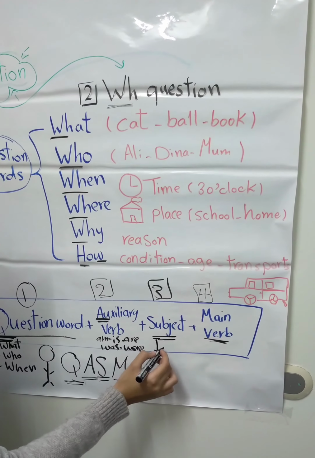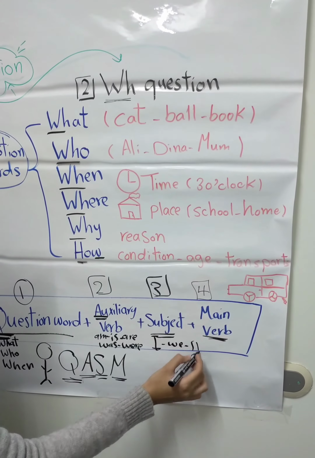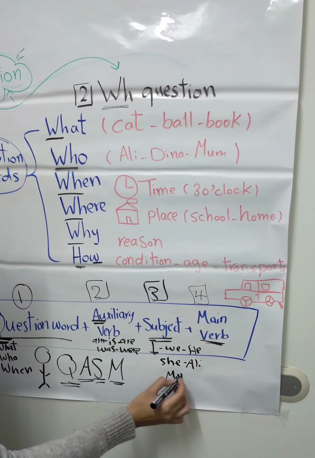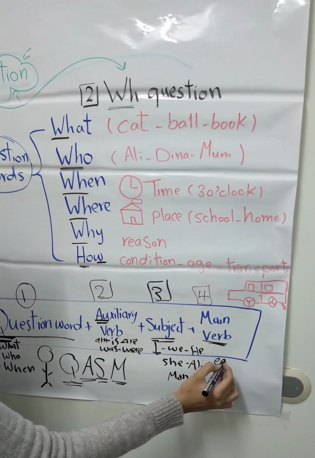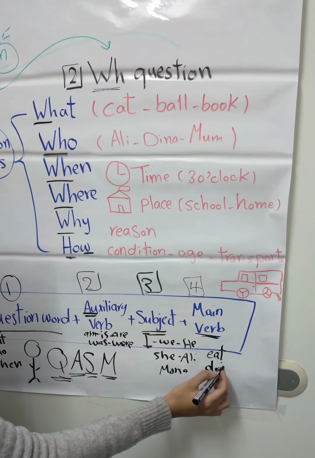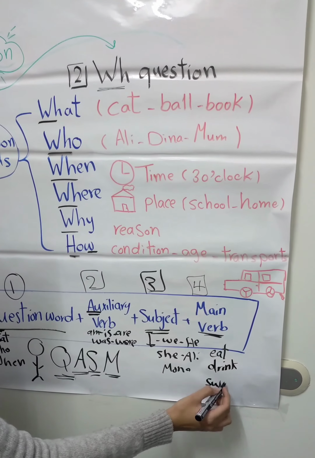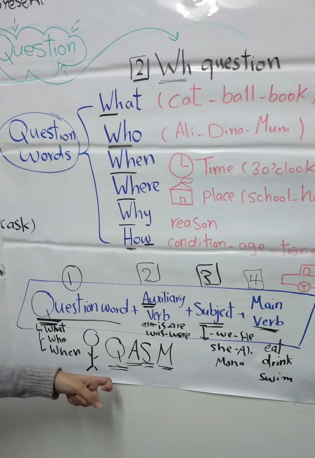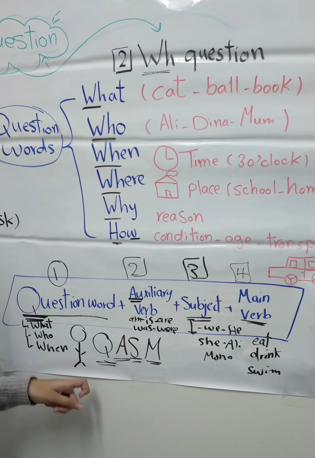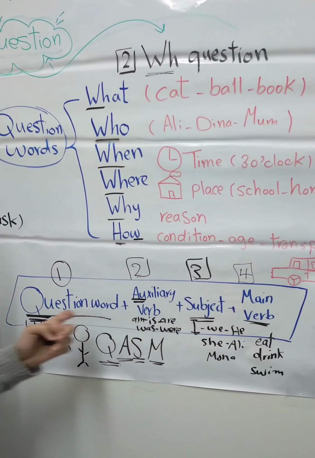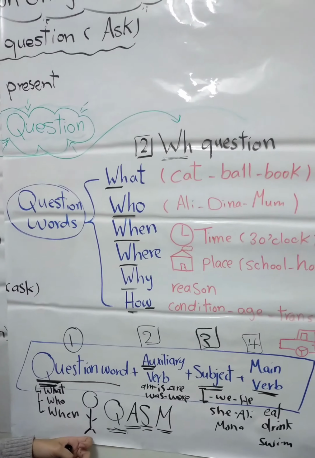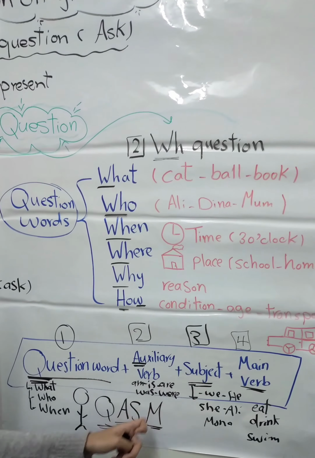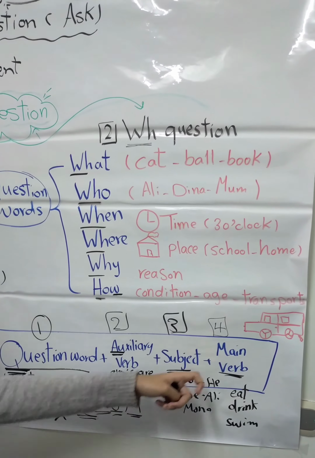Subject like I, we, he, she, Ali, Mona, and so on. Main verb like eat, drink, swim, and so on. Okay, Junior? They all make our friend Qasim. And to make a WH question, remember your friend Qasim. Q, question word, A, auxiliary verb, S, subject, M, main verb.